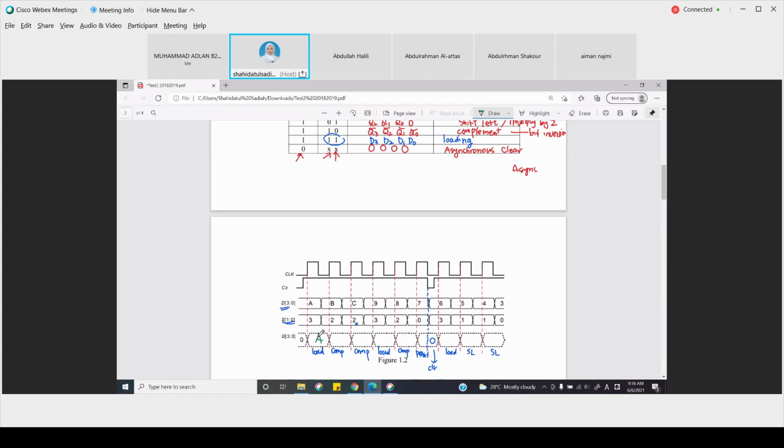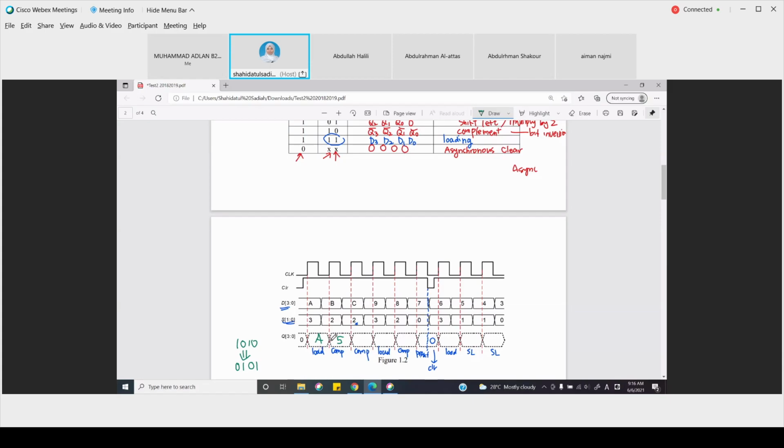So now the register has value A, or 1 0 1 0. We complement A and we will get 0 1 0 1, or 5 in hexadecimal.